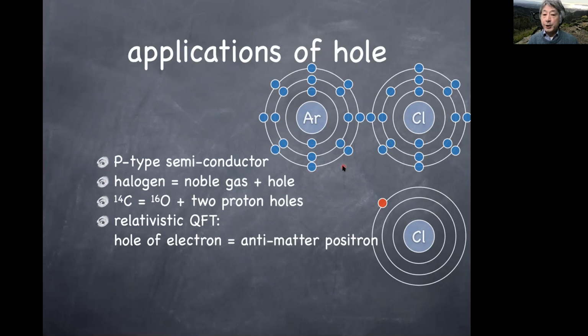So we regard the argon configuration as the ground state, and the chlorine atom can be described as adding a hole to that ground state.